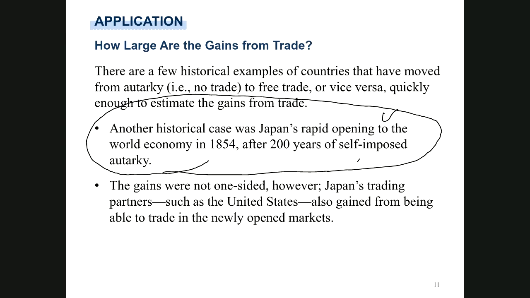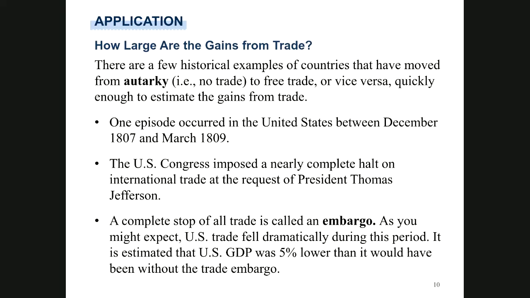Another example shown in this book that I found interesting is this one. The United States at some point in history was also forced to be in autarky. It was during the Napoleonic War, and you can refer to the textbook for the more detailed story.